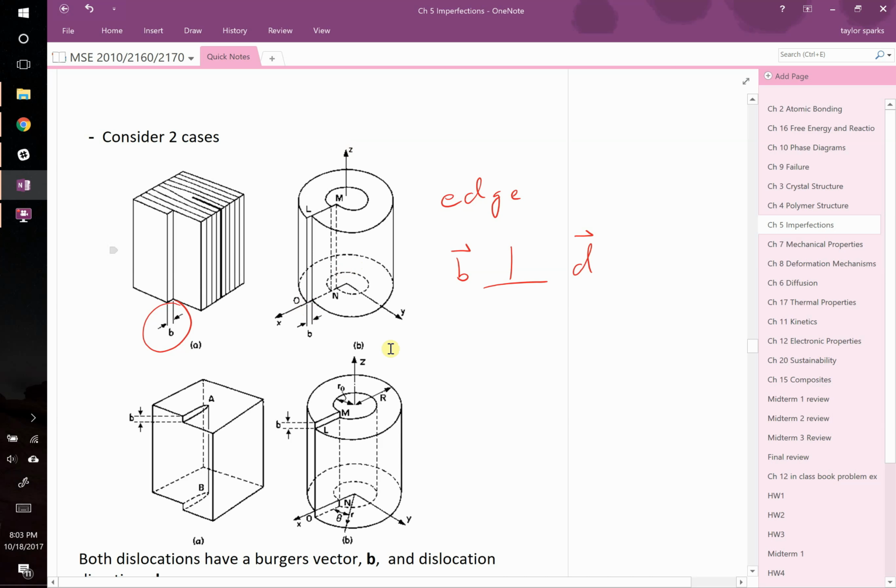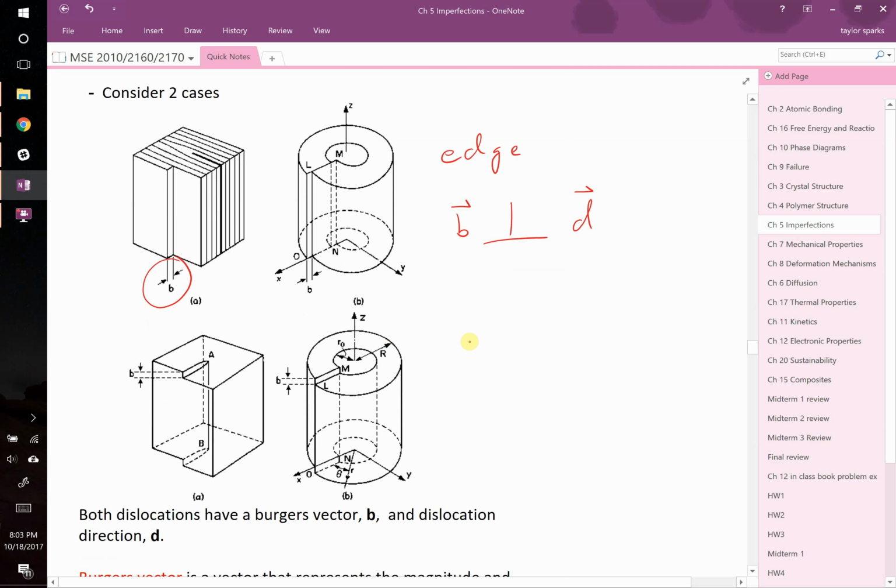But the Burgers vector, in this case, is drawn along the X direction, which is orthogonal to the Z direction. Now you can also have a screw dislocation. In a screw dislocation, you can have the exact same Burgers vector in terms of length, but its orientation is no longer perpendicular. In a screw dislocation, the Burgers vector is now parallel to the dislocation direction. So in this case, the dislocation direction is running up the Z direction as before, but now our Burgers vector is going up in that direction as well.